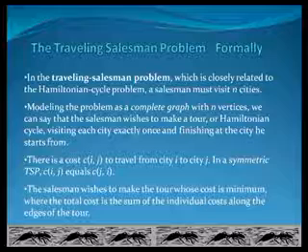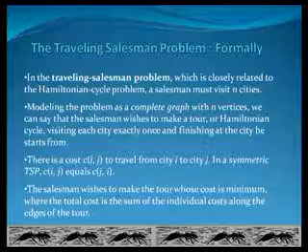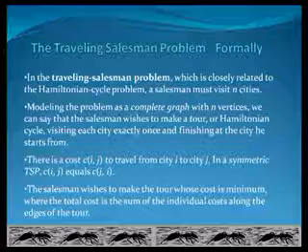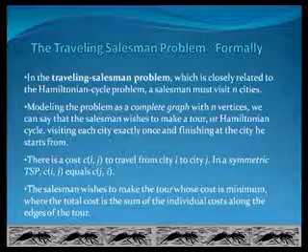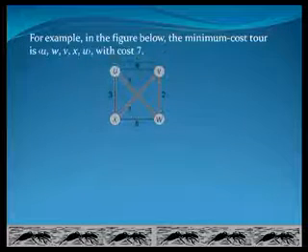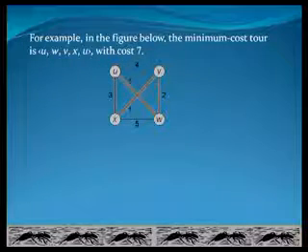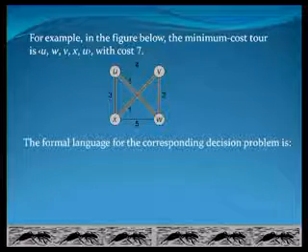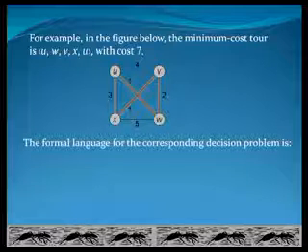The salesman wishes to make the tour whose cost is minimum, where the total cost is the sum of the individual costs along the edges of the tour. For example, in the figure below, the minimum cost tour is UWVXU with cost 7. The formal language for the corresponding decision problem is given below.